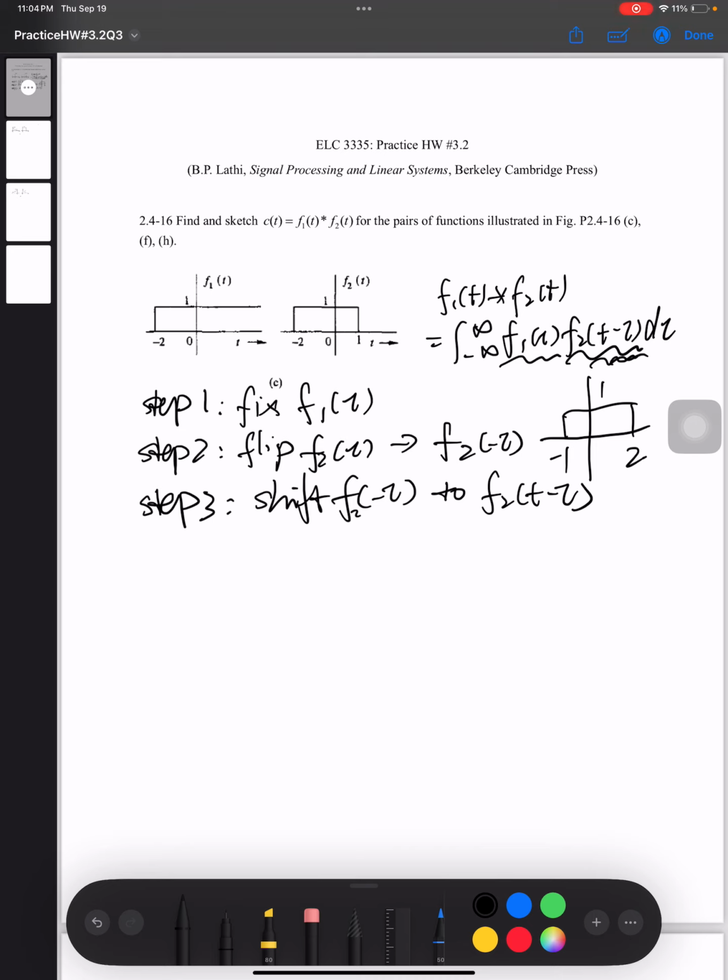So based on the different t value, we need to consider different situations.